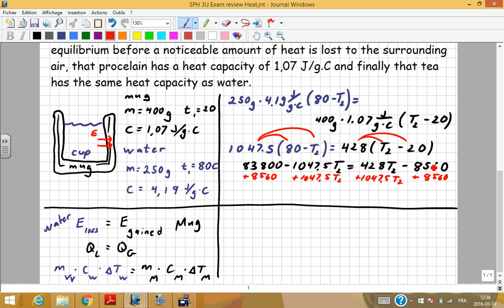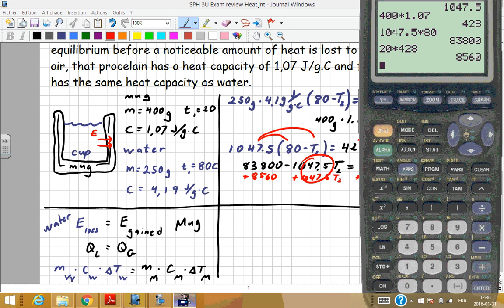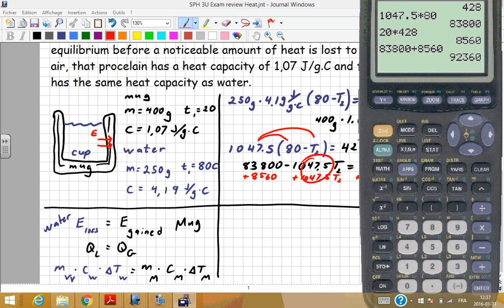The reason I do this is the numbers on the right hand side become 0 and the T2 on the left becomes 0. I'm just left with my numbers on the left, so that's 83,800 plus 8560. So 92,360.